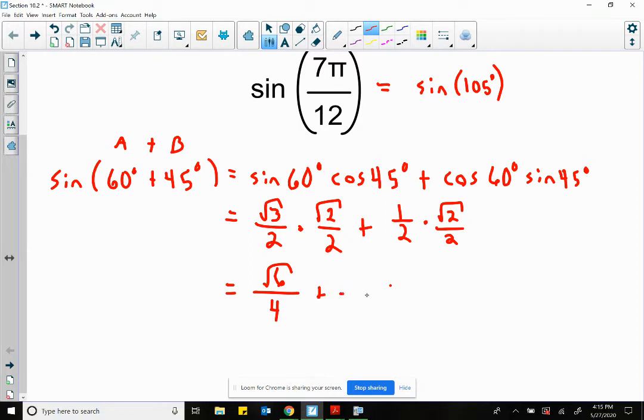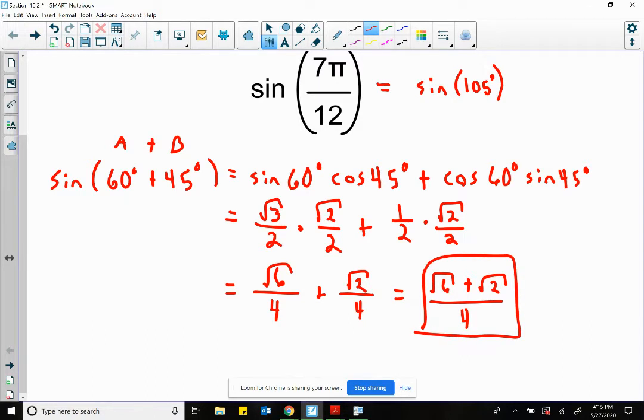Plus, over here, 1 times the square root of 2 is just the square root of 2. 2 times 2 is 4. Since both of my fractions have common denominators, all I got to do is add. So you will end up with the square root of 6 plus the square root of 2, because they are not like radicals, all over 4. And that's the answer that they will be looking for you to put in.